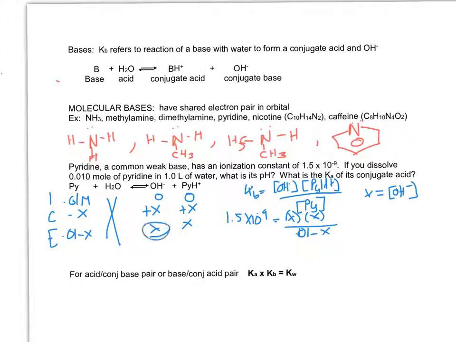So OH minus ends up being 3.87 times 10 to the negative 6 molar. I have to find my pOH first. pOH is going to be negative log of that, which is 5.41. So my pH is 14 minus that. It is 8.59.